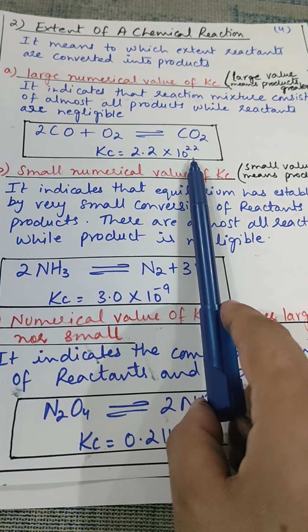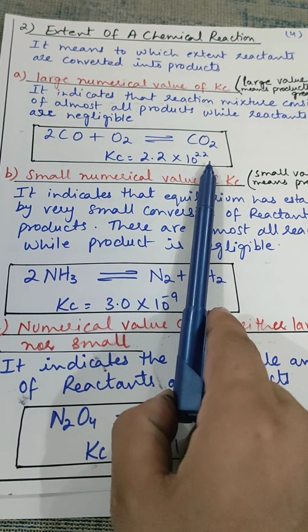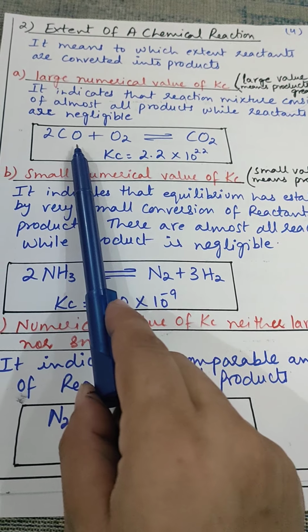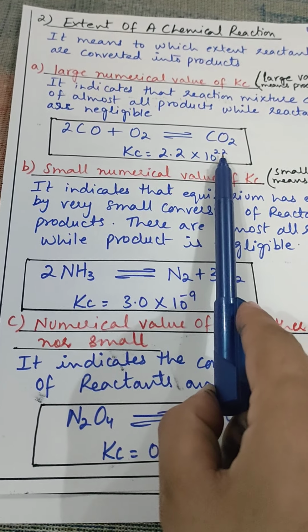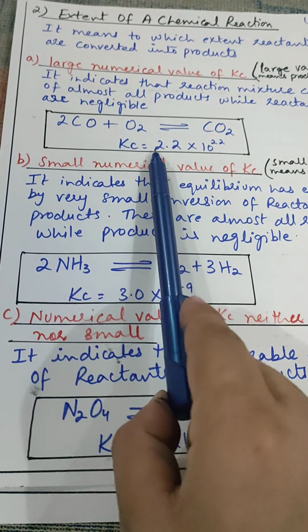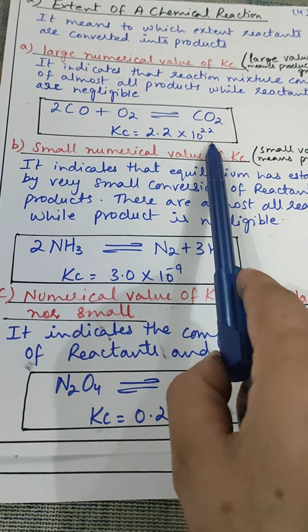Here I have mentioned another example, the formation of carbon dioxide, where the reactants are carbon monoxide and oxygen gas. As a result, we obtain CO2 gas. The Kc for this reaction is 2.2 times 10 raised to power 22.